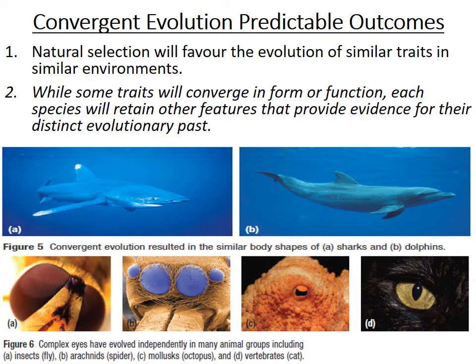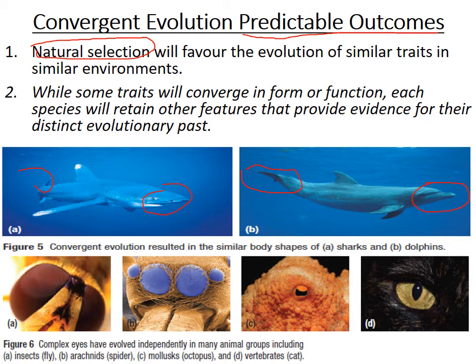So just like with divergent evolution, there are some predictions or predictable outcomes that can be made from convergent evolution. So the first is that natural selection is going to favor the evolution of similar traits in similar environments. So we have streamlined structures for swimming because these organisms are both in aquatic environments.